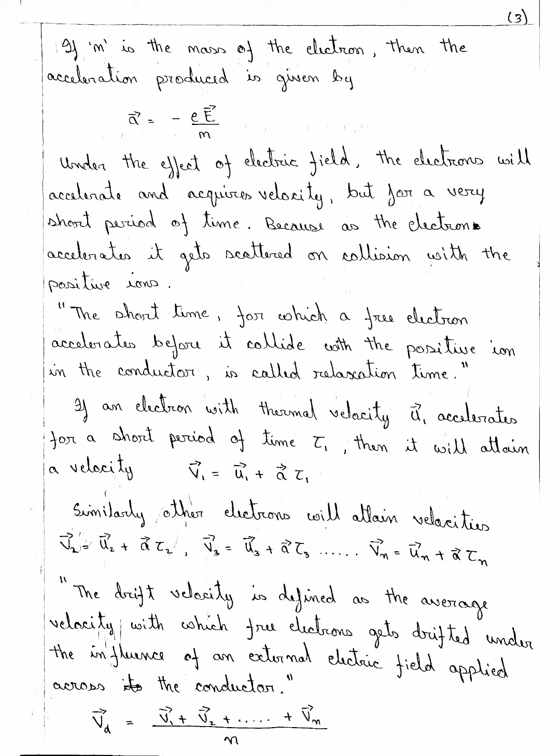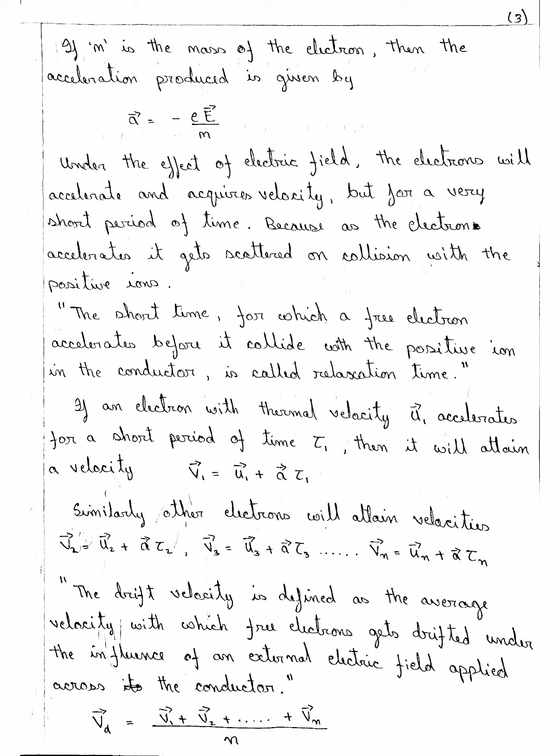The short period of time for which a free electron accelerates before it collides with a positive ion in the conductor is called the relaxation time, and this relaxation time is very small.